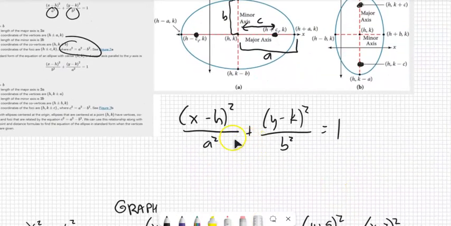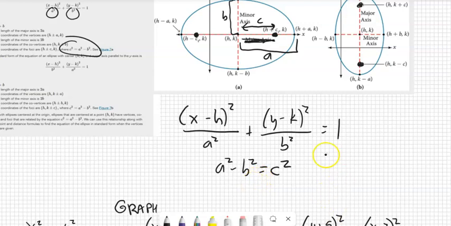And now if we take the a squared and the b squared and combine them with the opposite operator, I'm going to go a squared minus b squared, whichever one's bigger minus whichever one's smaller, that's equal to c squared. It's almost like an anti-Pythagorean theorem, right? You're subtracting instead of adding. And so this distance right here is c. That's how you can tell where the foci are for this.